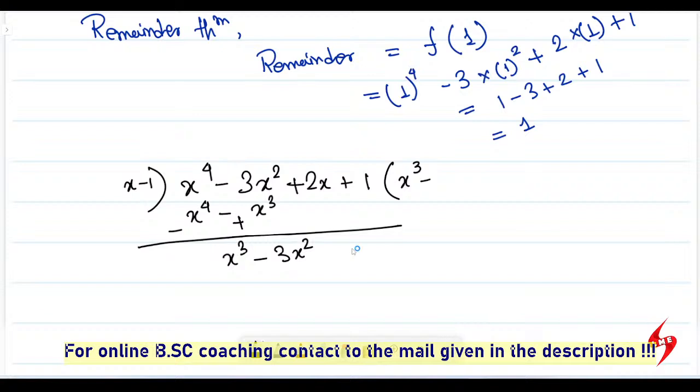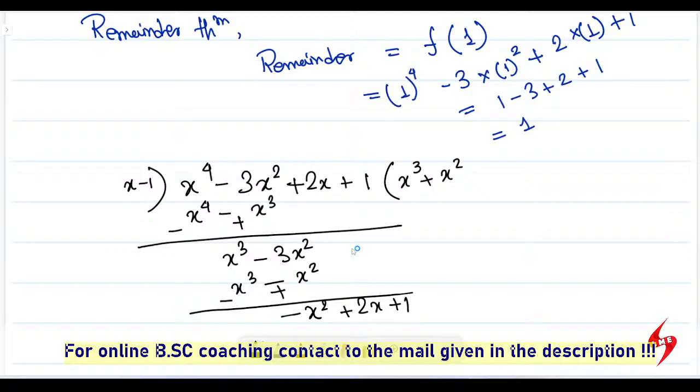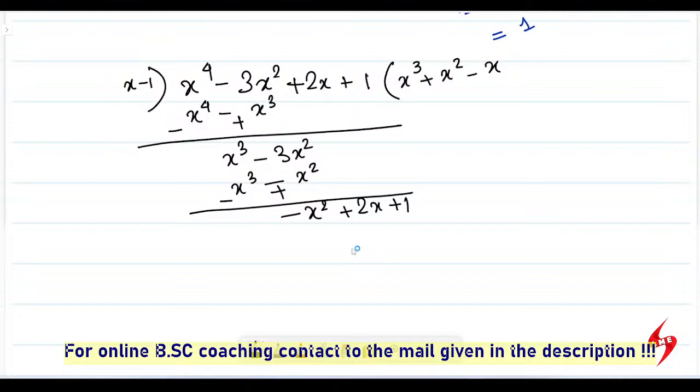So again I am applying x square, so my remainder will be x cube minus x square, and that will be again changing the sign, so minus x squared plus 2x plus 1. Okay, now I am taking minus x as well, so that will be minus x square plus x, and definitely there will be the opposite sign, so that is x plus 1.